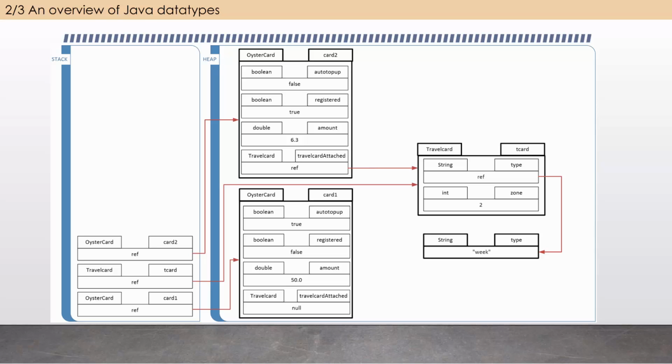So you've got Oyster card, travel card, string. These are complex types. In fact, anytime you create a new class in Java, you are creating a new type. So that's why you should remember, prefix your types with capitals, or in fact, Pascal case, because if you have multiple words, you want to capitalize the first letter of each.